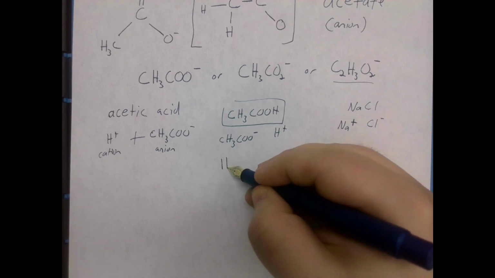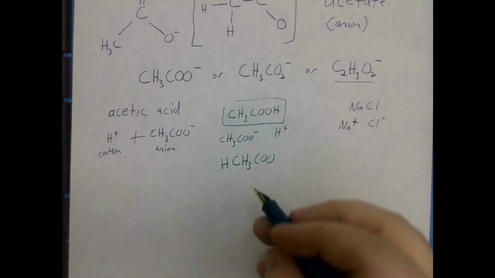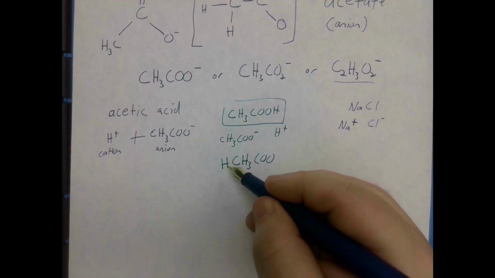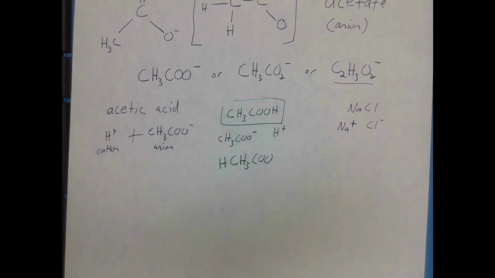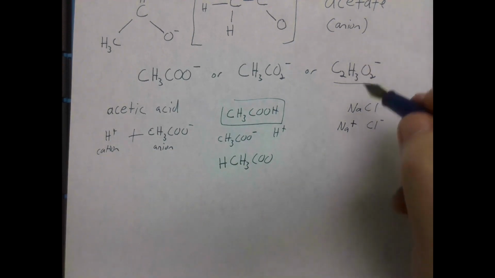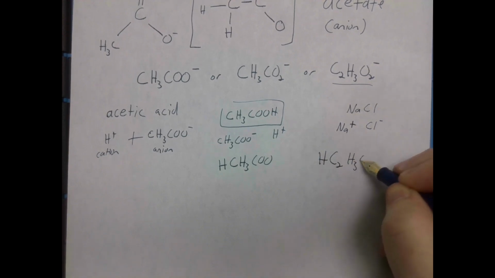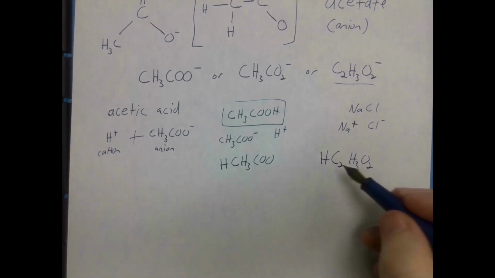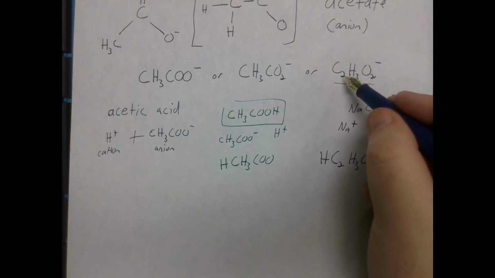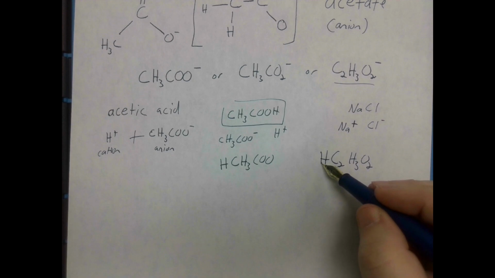But by convention, we usually also write it like this, putting the cation in the front. Another way is to use the more empirical formula, HC2H3O2, where this is again the alternative way of writing acetate ion with the cation in the front.